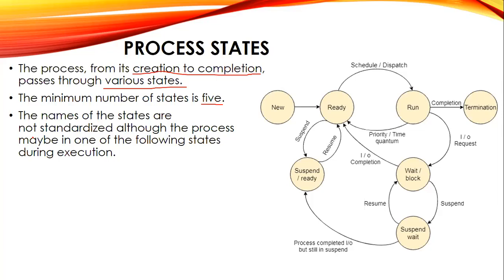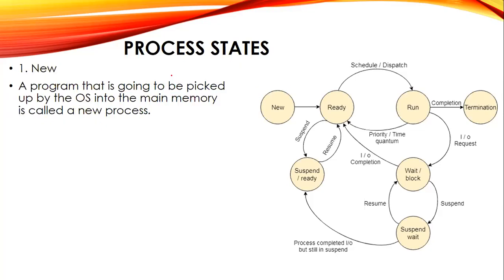In some systems, it is explained with 2 states, some with 3, 5, or 7. So we have 7 states. Each circle is called a state.